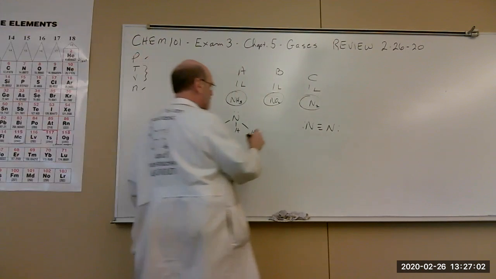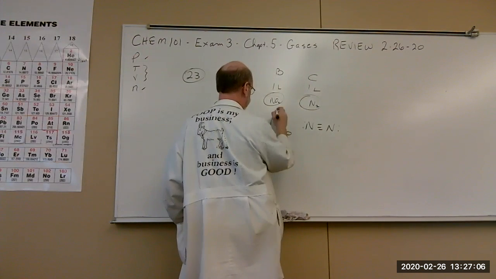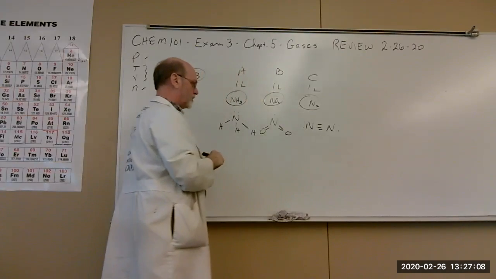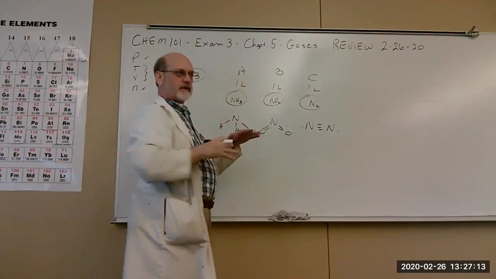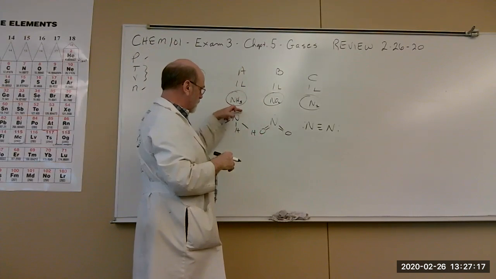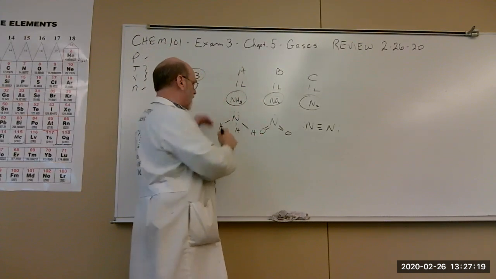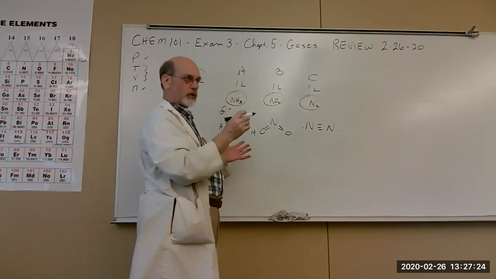And nitrogen dioxide is a polar molecule, simply because it has an imbalance of electron distribution, which means this side of the molecule is slightly negative. So down here is slightly positive, it is polar.